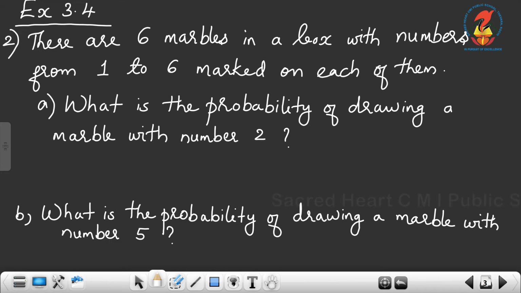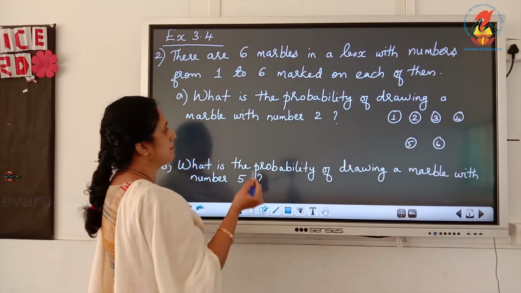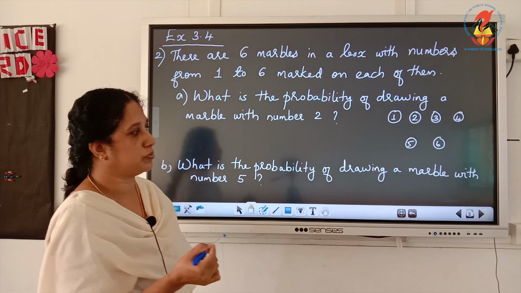There are 6 marbles, 1, 2, 3, 4, 5, 6, numbered as 1, 2, 3, 4, 5, 6.